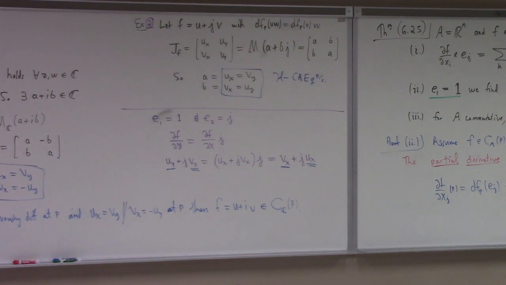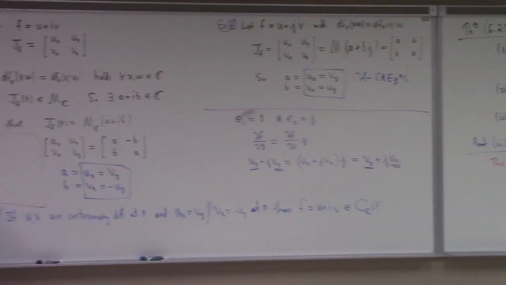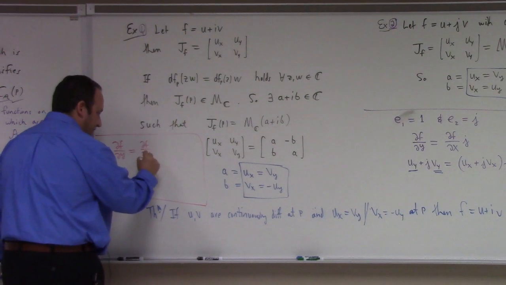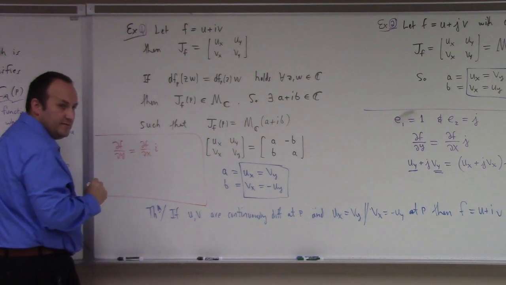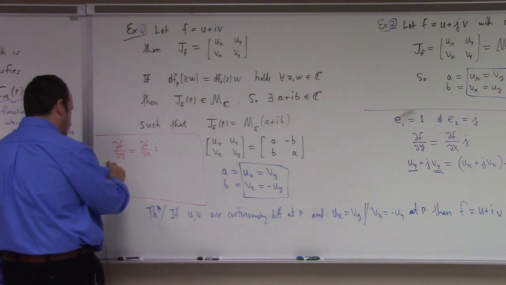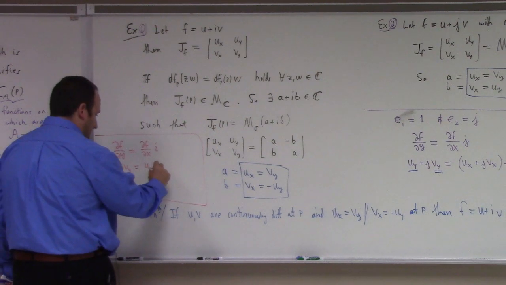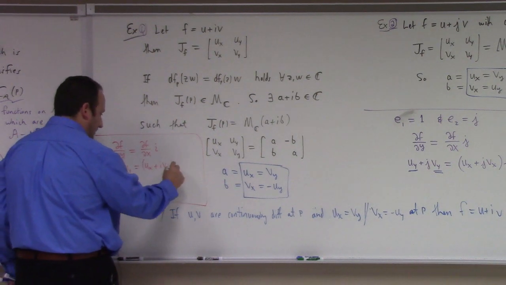In similar beautiful fashion, we can rewrite the complex Cauchy-Riemann equations as what? So over here, viewpoint 2 looks like what? It looks like partial f partial y is equal to partial f partial x times i, right? But this is uy plus i vy is equal to ux plus i vx times i.